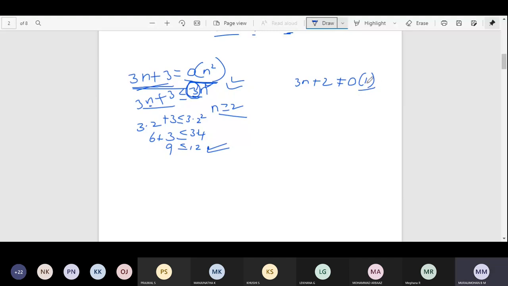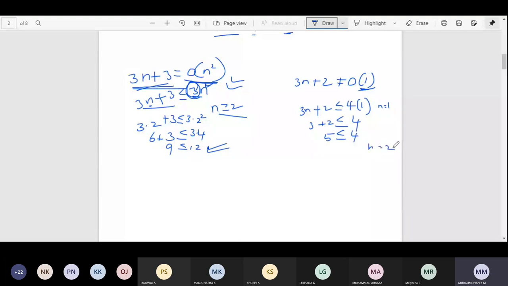So if you are taking 3n plus 2 less than or equal to 4, we cannot take an n value here because g of n is given as 1. So we should take only 1. If I take n is equal to 1, then 3 plus 2 is less than or equal to 4. So 5 is less than or equal to 4.